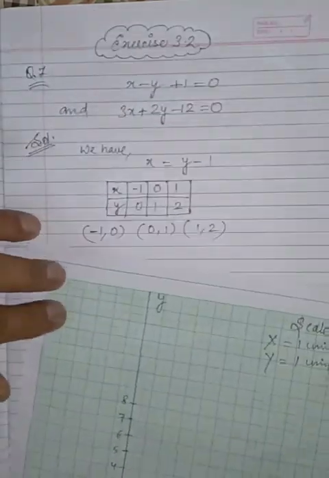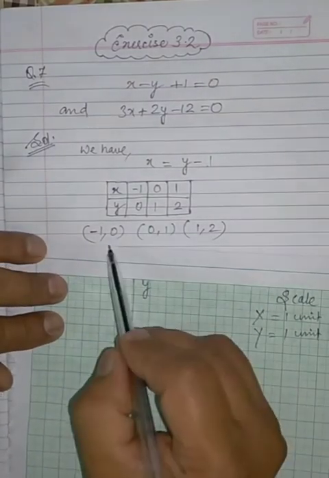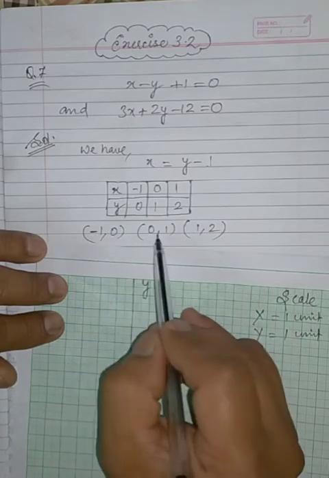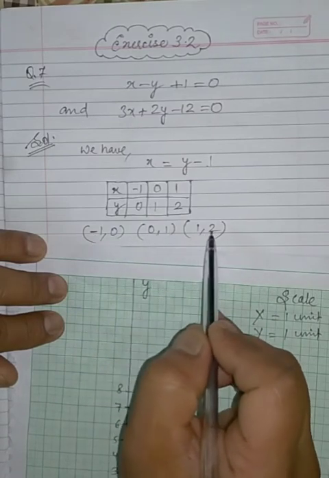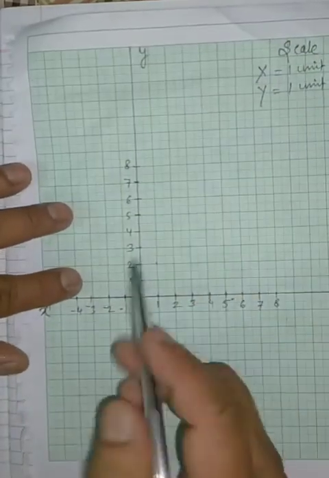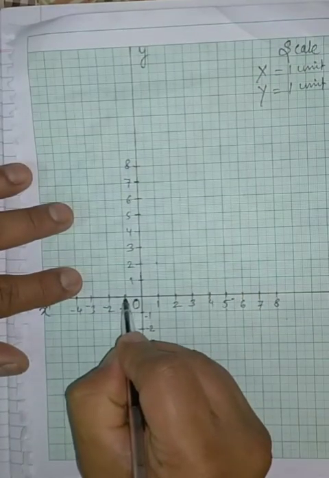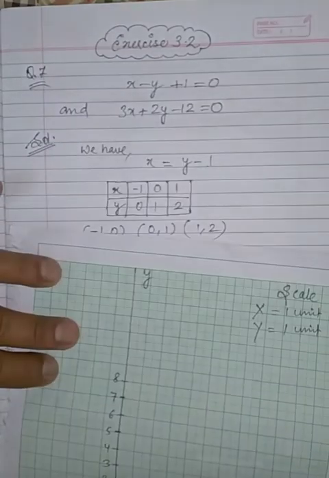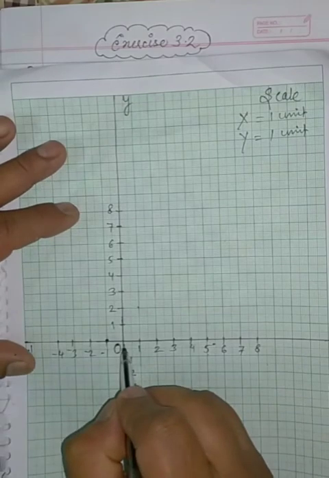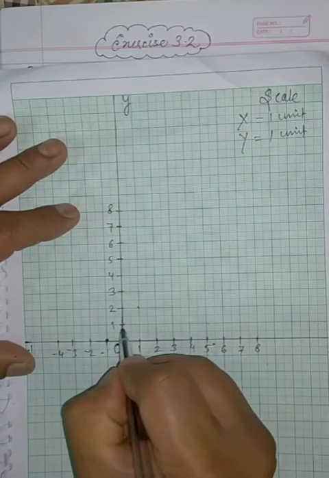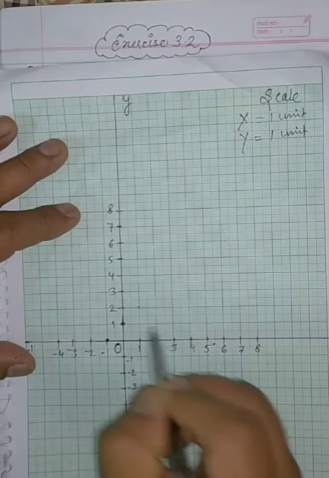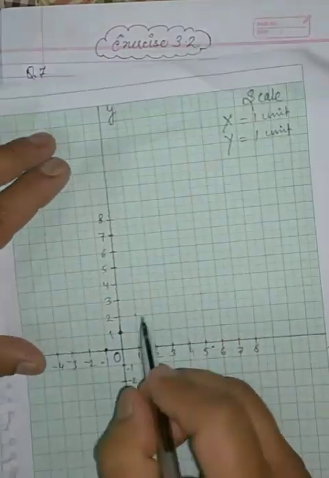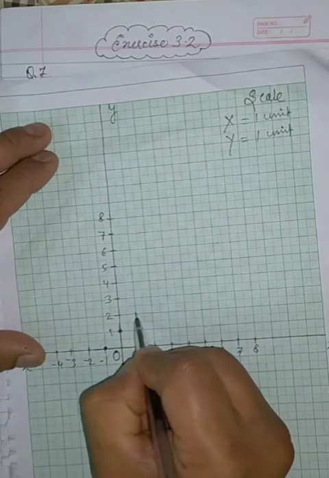Now I am going to plot these coordinates one by one. So I am using here first line, and the coordinates are -1, 0, 0, 1 and 1, 2. So -1, 0, first point. Then we have 0, 1, x 0, y 1, second point, and 1, 2, x 1, y 2.